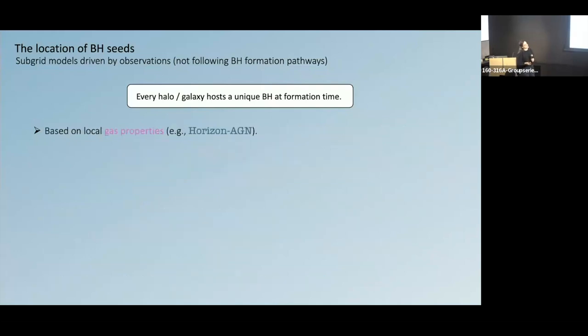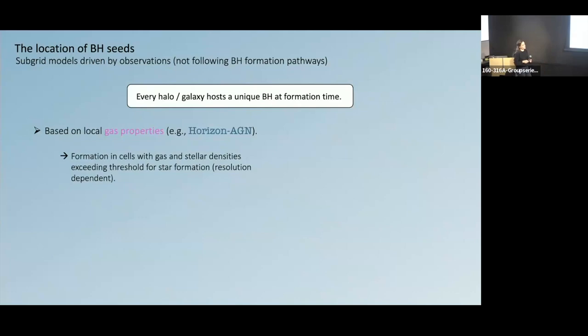Okay, and then some simulations, still with the same idea of having one black hole per galaxy, actually rely on the gas properties. This is the case for Horizon-AGN and similar simulations such as New Horizon or Obelisk, which are all using the same RAMSES code. RAMSES is an adaptive mesh refinement code, so you have cells for the gas.